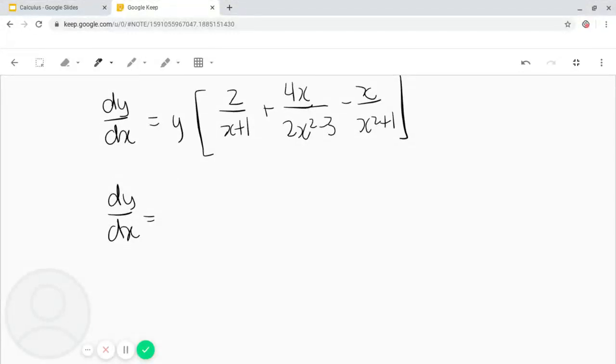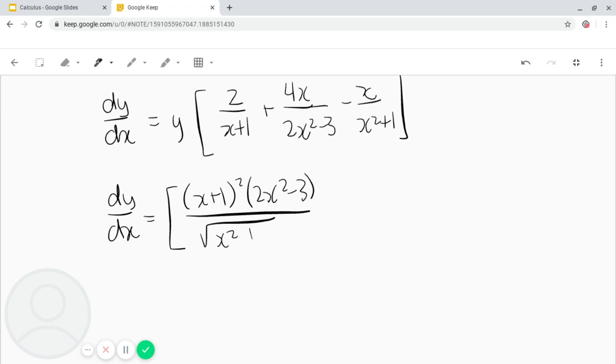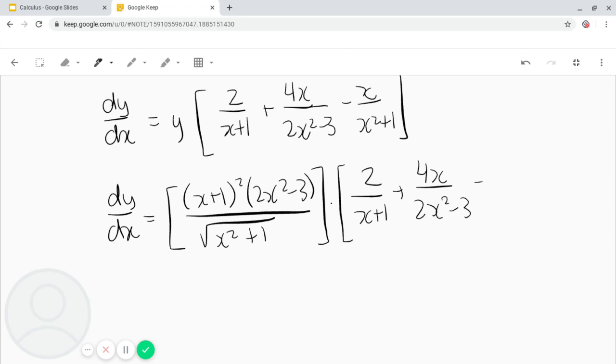So then we can just write that in: (x plus 1) squared times (2x squared minus 3) over root x squared plus 1, all times 2 over x plus 1 plus 4x over 2x squared minus 3 minus x over x squared plus 1.